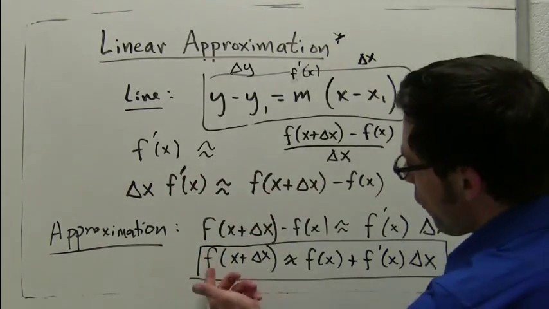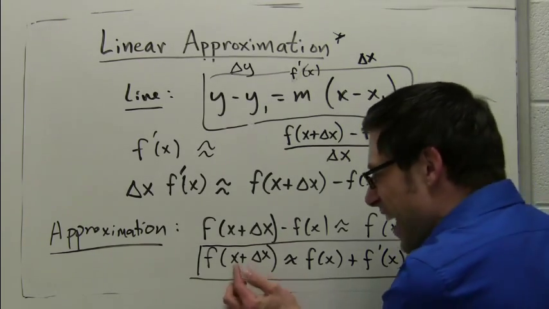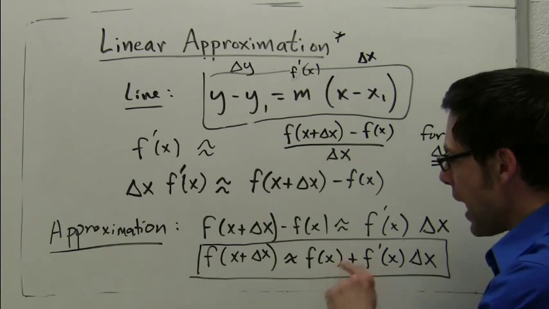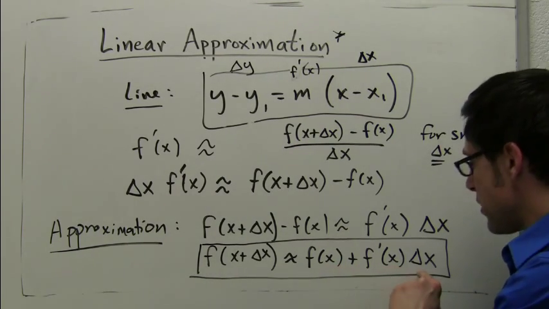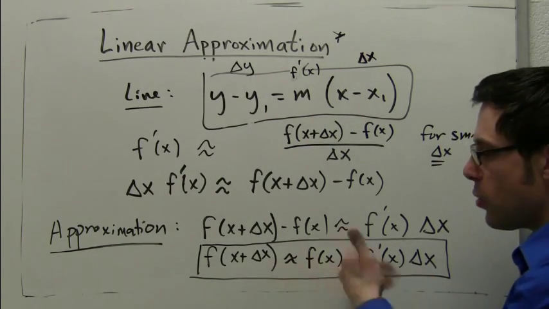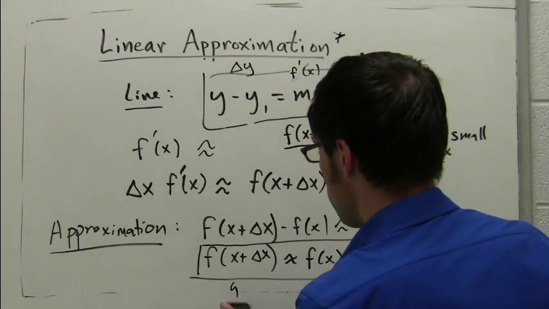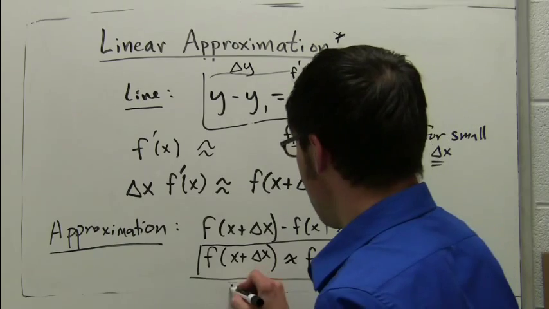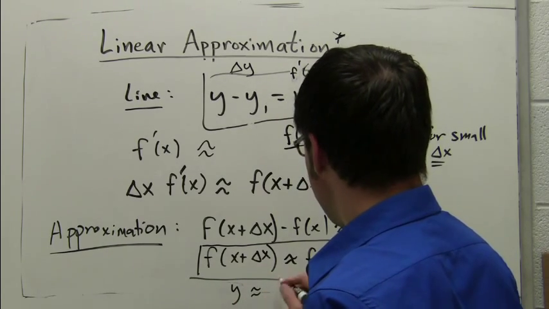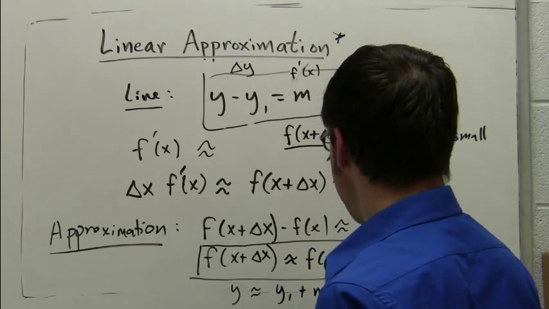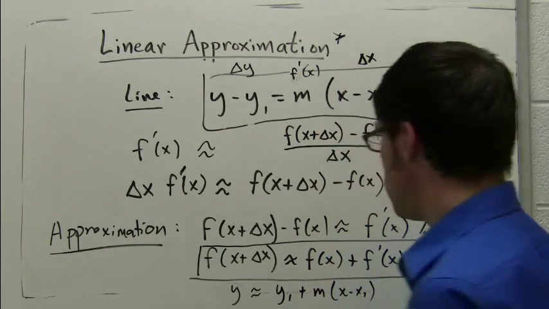And this is the result that I have in the end. That in fact, f of my point x plus a little bit more can be approximated by f at x plus f's derivative at x delta x. This is the equation of a line. That's it. In fact, I can think of this as my y, right? This is really y is approximately y1 plus m times x minus x1.